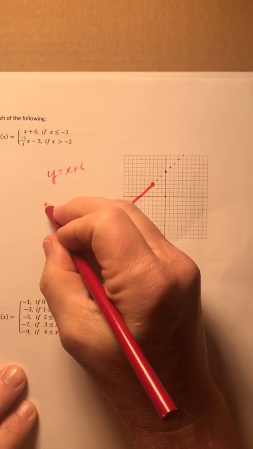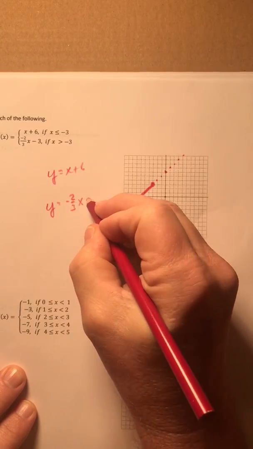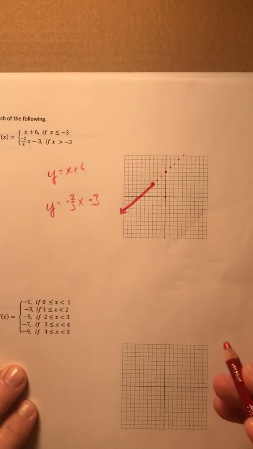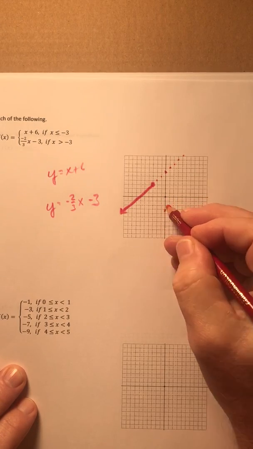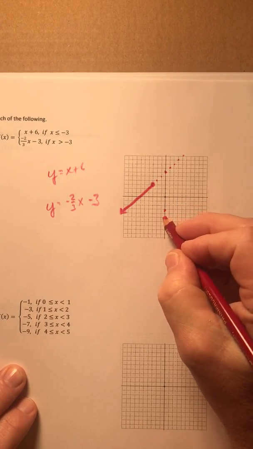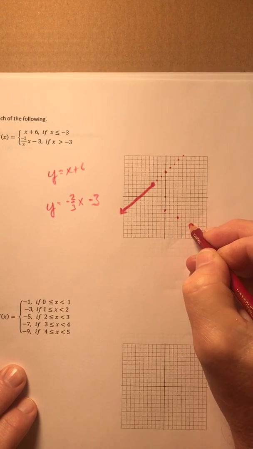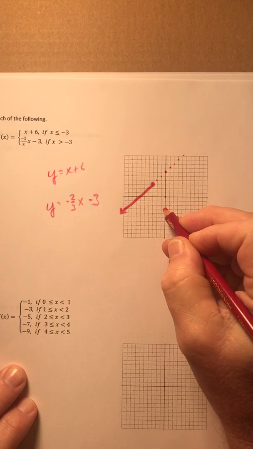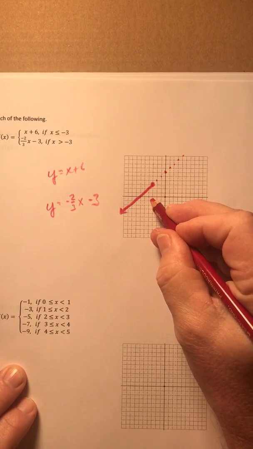The second one, we have y equals negative 2/3 x minus 3. Alright, so we start at negative 3. And we go down 2 over 3, down 2 over 3, and then we want to go back in that. So we're going to go over 3 and up 2.